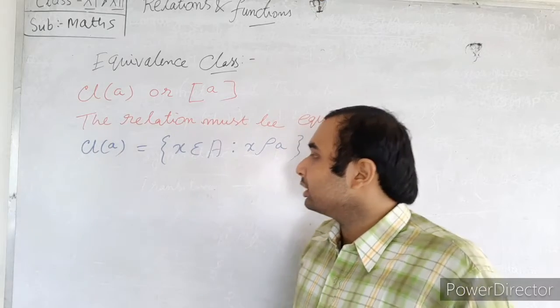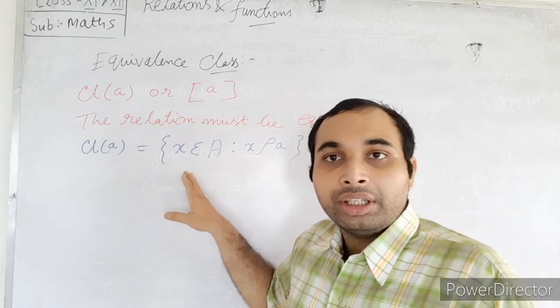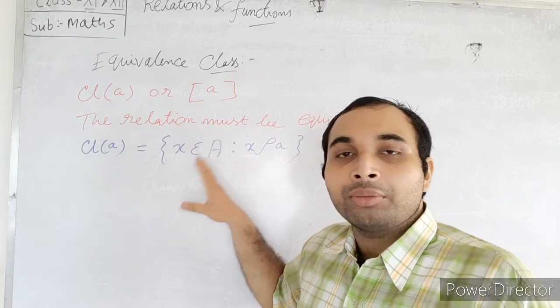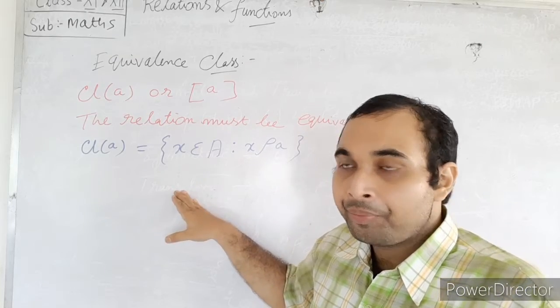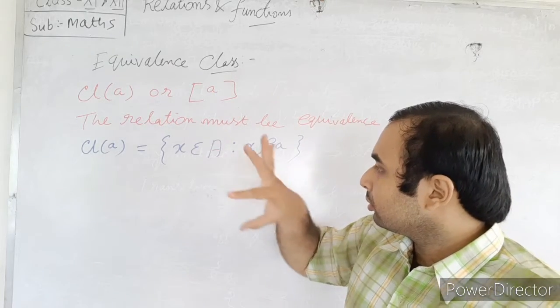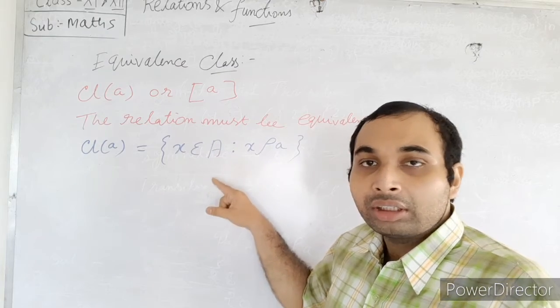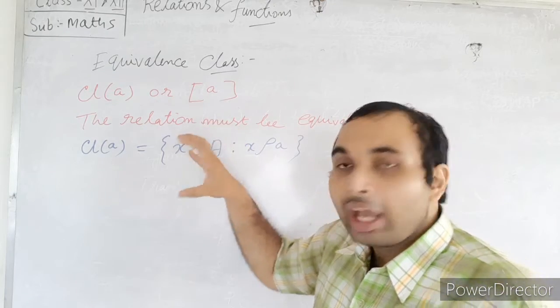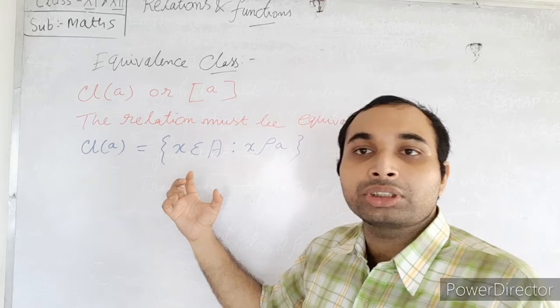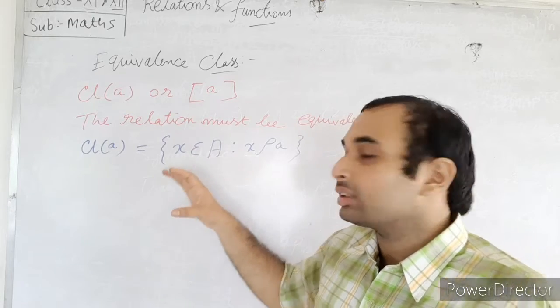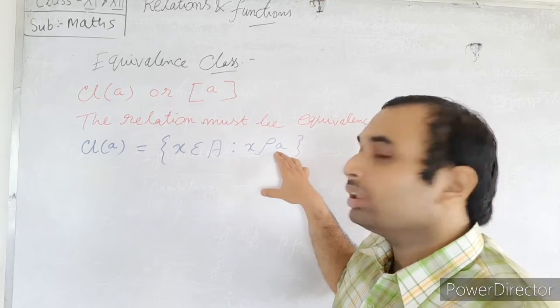So what does this mean? It is the collection of the elements of the set A, with the condition that we collect those X's which make a relation with A only.